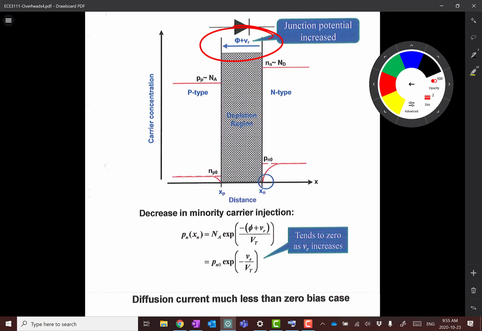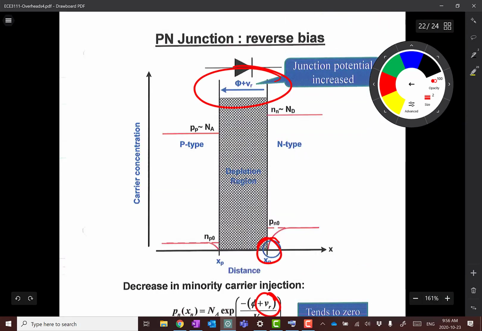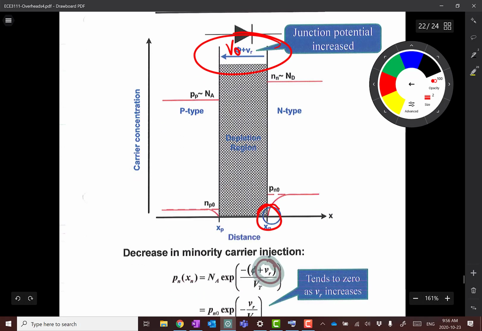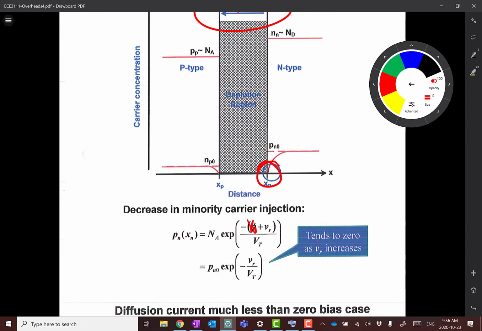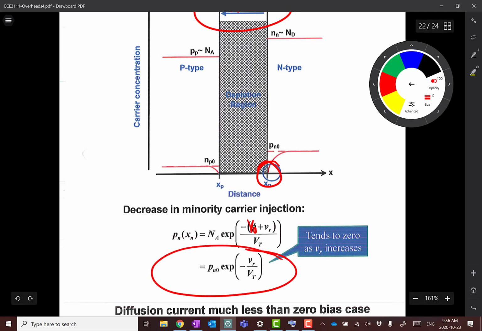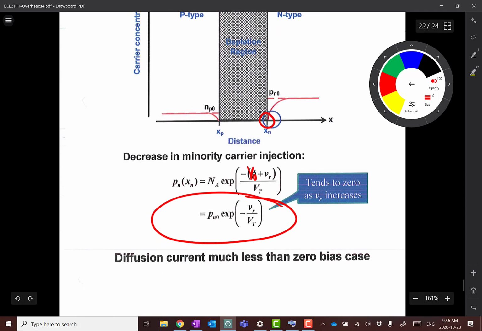If we revisit our expression for the concentration of minority carriers, in this case at the edge of the depletion region in the N-type material, we can show that with increases in this reverse voltage, and again remembering that this is V naught, the built-in junction potential, this equation is going to tend to result in a minority carrier concentration that's nearly zero as we increase the reverse bias.